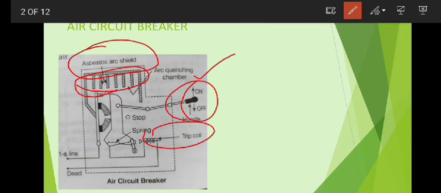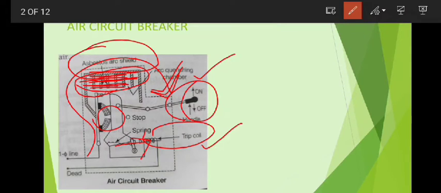Whenever a maximum amount of current flows due to any fault in the circuit, the trip coil will work. It attracts this metal to the trip coil, and our circuit will open, so current will flow in this direction, and the arc will be quenched here in this asbestos.